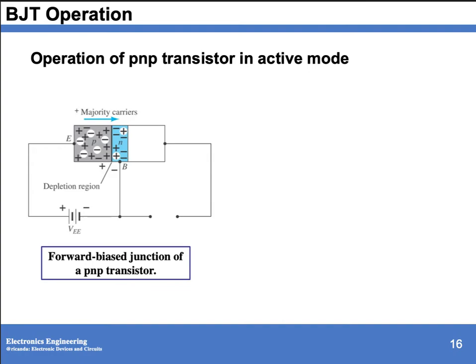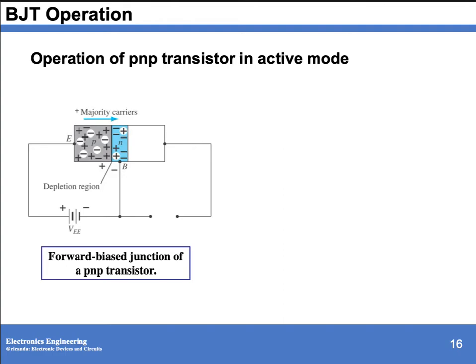Note the similarities between this situation and that of a forward-biased diode. Remember, in our forward-biased diode, the depletion region has been reduced in width due to the applied bias, resulting in a heavy flow of majority carriers from the P to the N material.